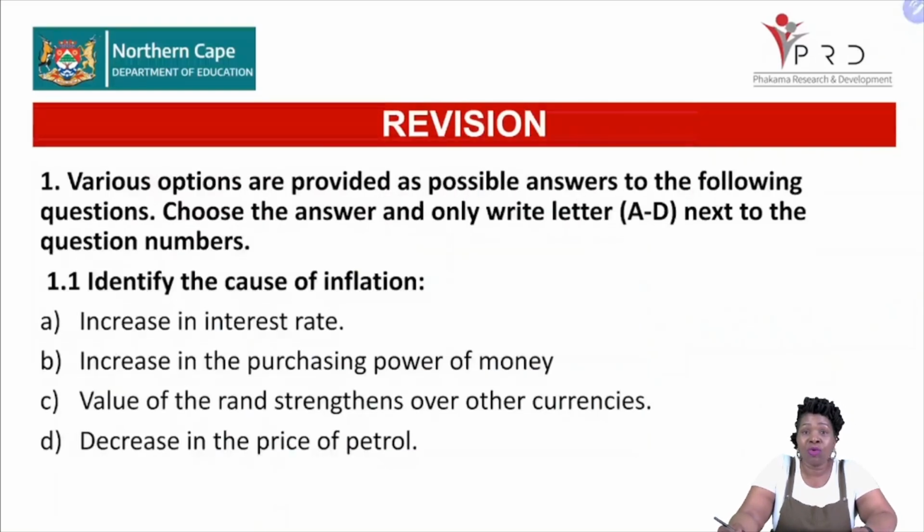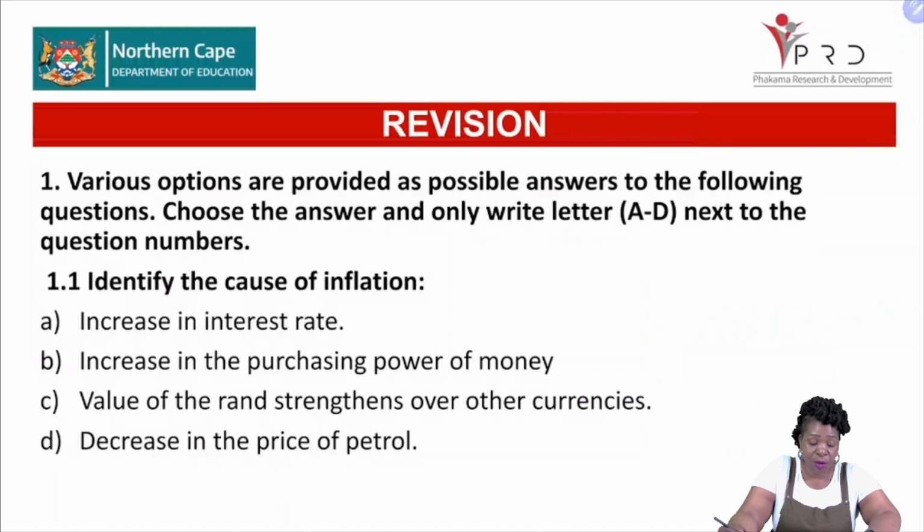So remember to read and understand the questions and also follow the instructions. Number one says, various options are provided as possible answers to the following questions. Choose the correct answer and only write the letter A to D next to the question number.